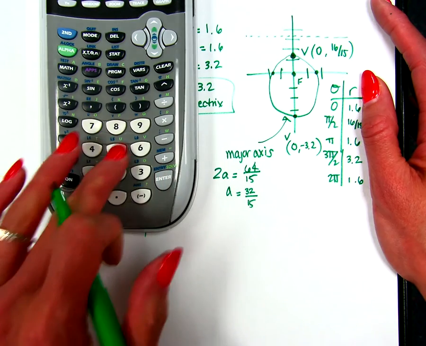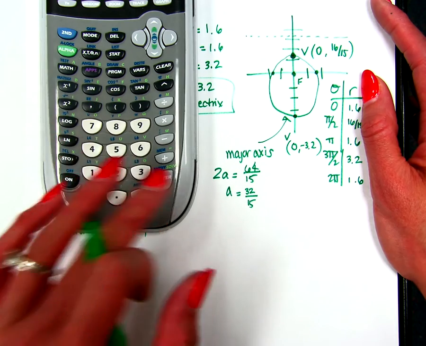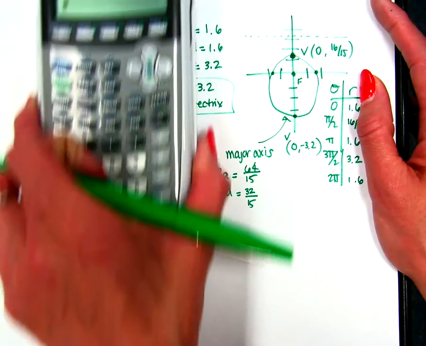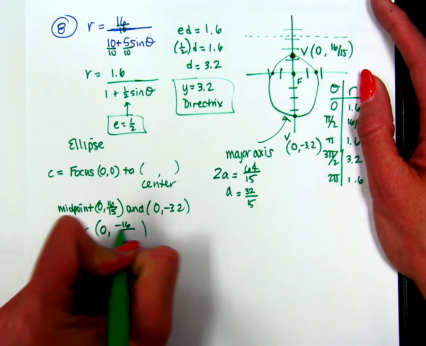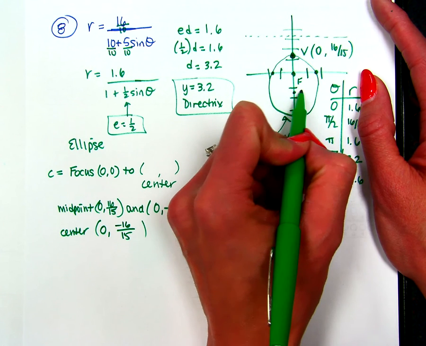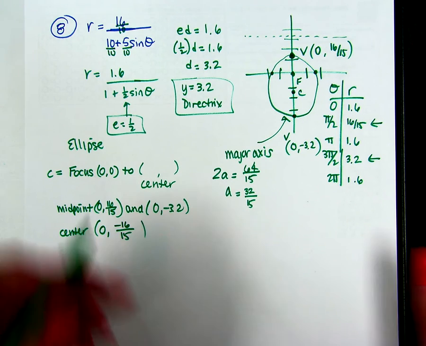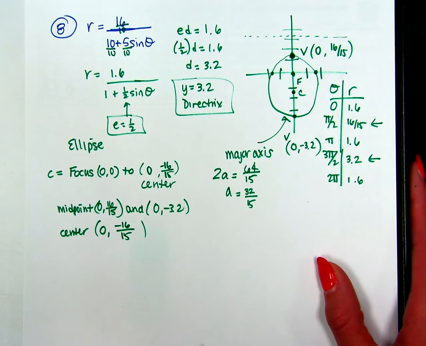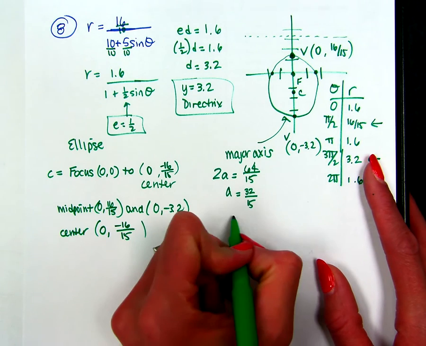So 16/15 plus negative 3.2 and divide by 2 is negative 16/15. So about negative 1.06. So there's our center. And hopefully that graph looks okay. All right, so we need to find the distance between the focus and the center, because that'll give us our c value. So the distance between this is 16/15.